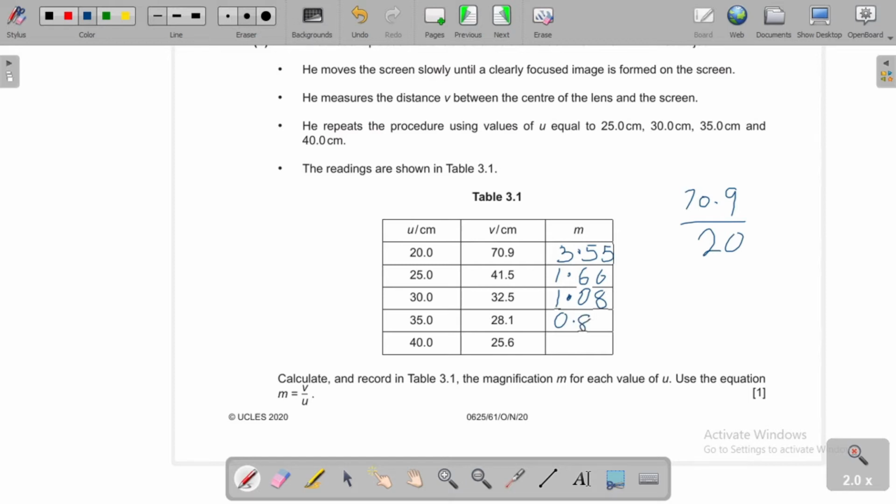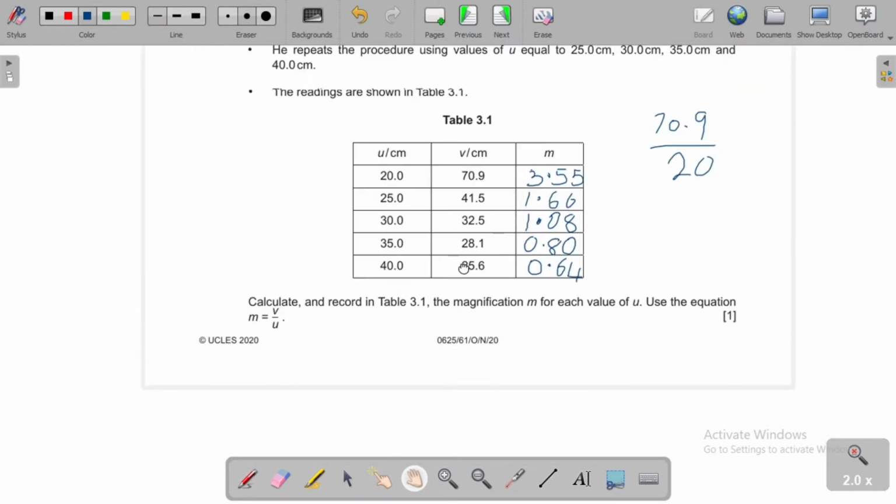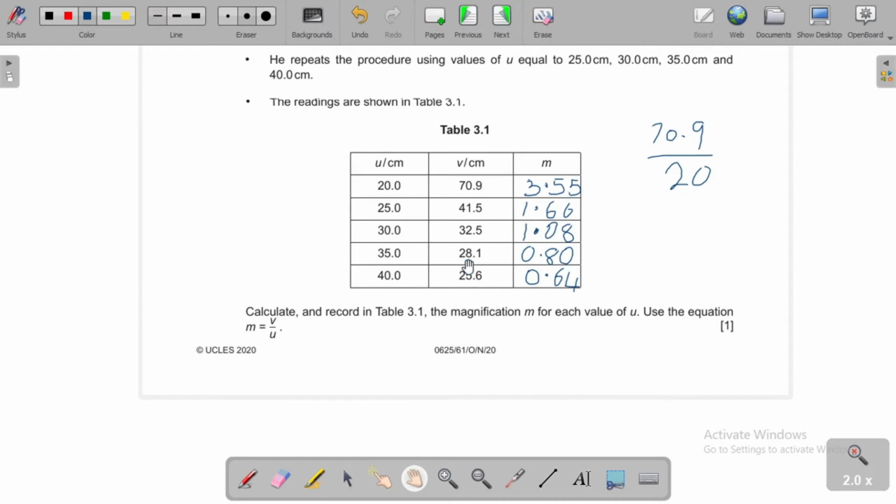And the last one, 25.6 divided by 40, gave me 0.64. Okay, that's the table. What's next? Let's check the next question.